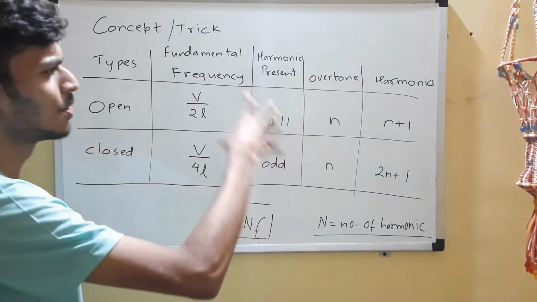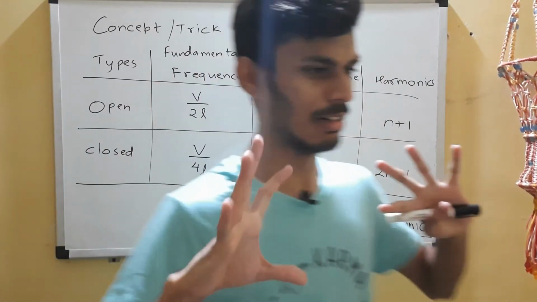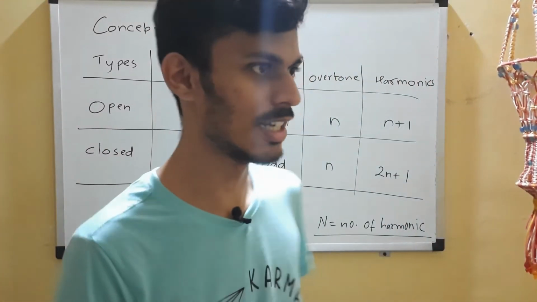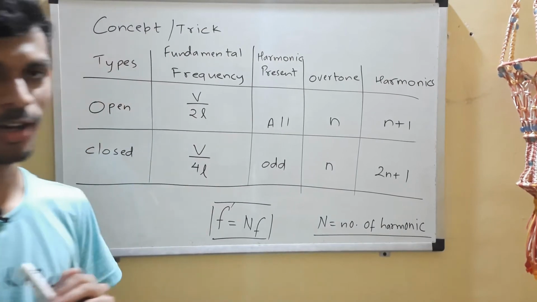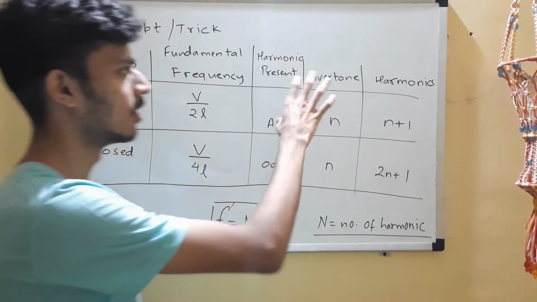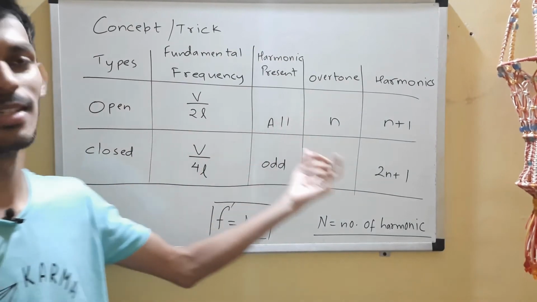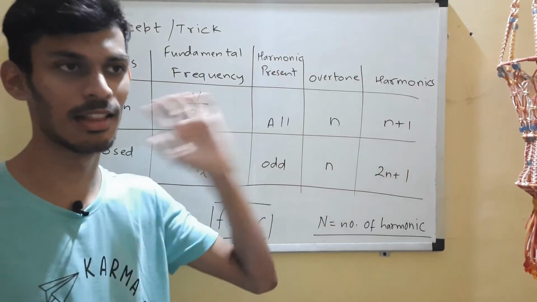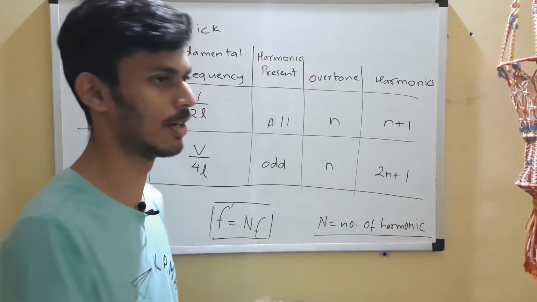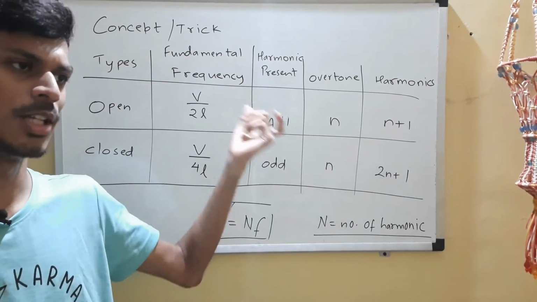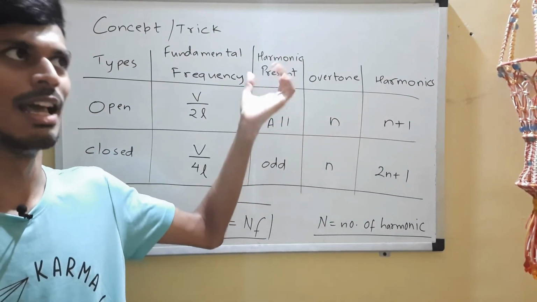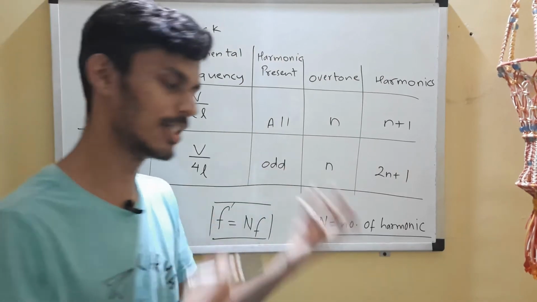So this is how you relate the overtone and harmonics in case of open and closed organ pipe. Let's summarize. For an open organ pipe, it's just plus 1, right? You just take the overtone and add 1 to it. First overtone, second harmonic, second overtone, third harmonic, third overtone, fourth harmonic, just add 1.